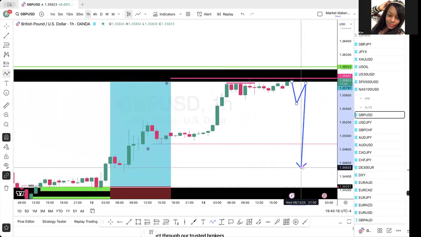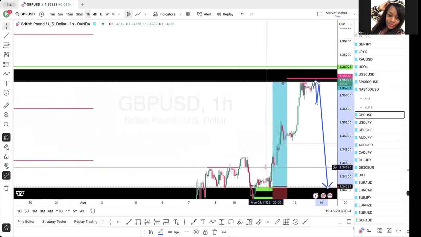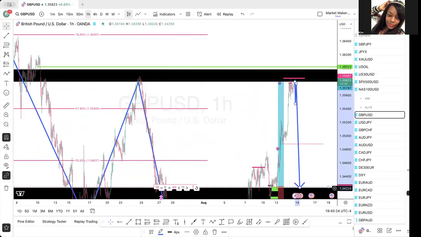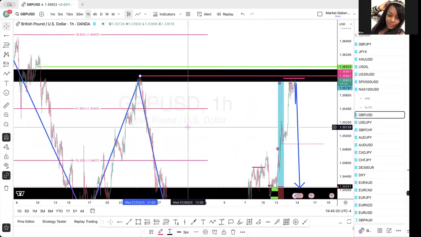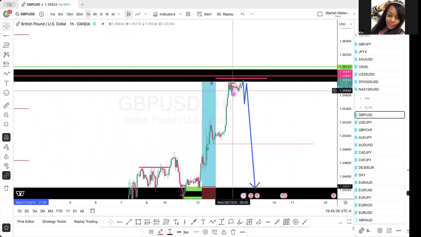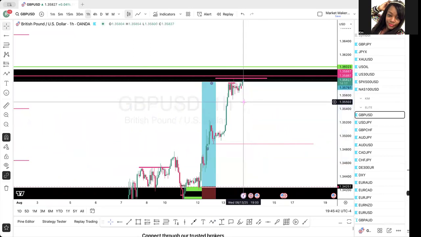Since we are looking for price to sell, this is the swing high. So it's either going to sweep this high at some point, or this is the sweep, and maybe it'll sell. We don't know yet.